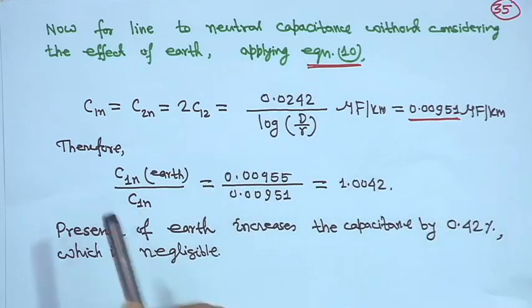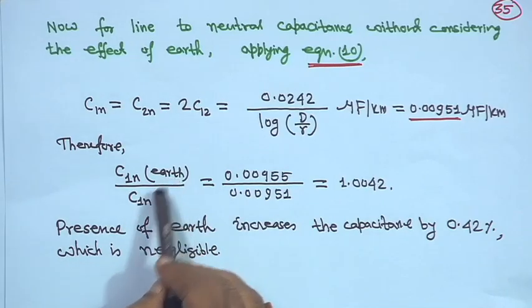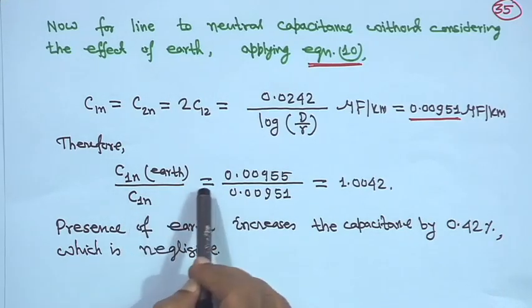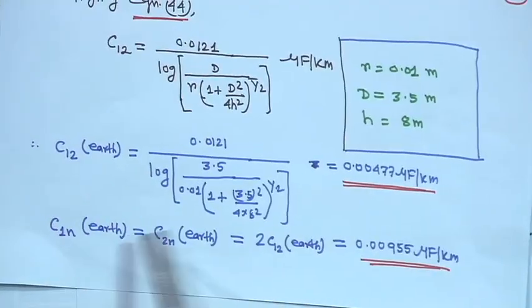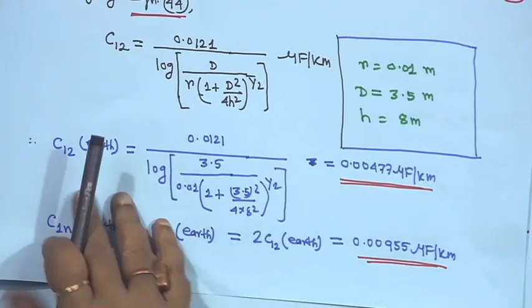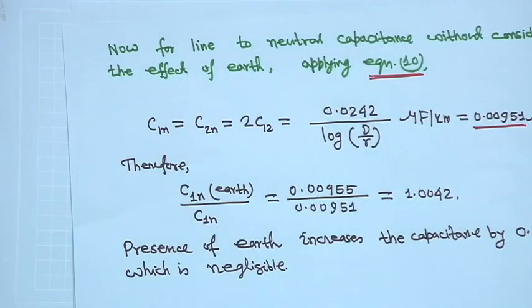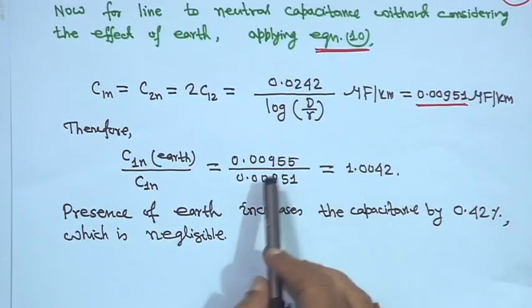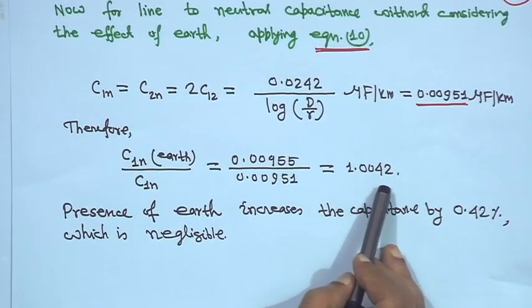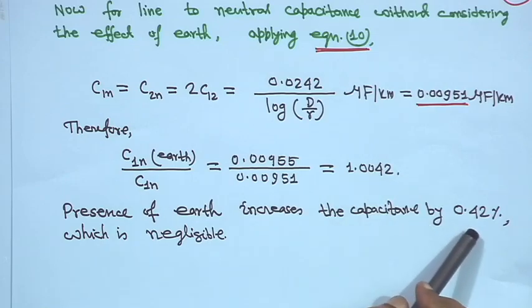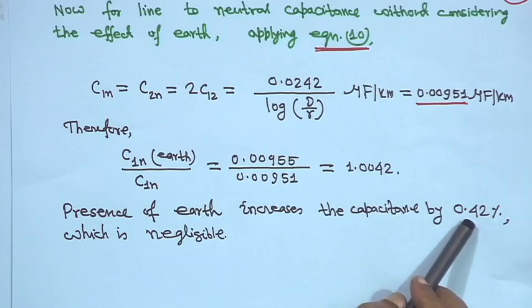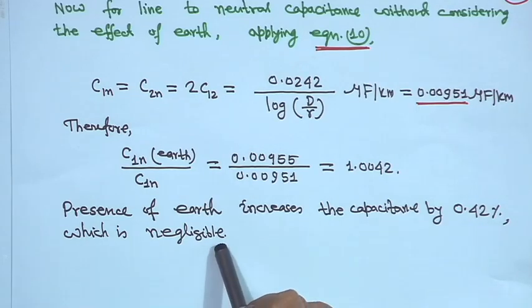Therefore, you take the ratio C1n earth divided by C1n. C1n earth we got as 0.00955. If you take the ratio, it will come to 1.0042, that means the presence of earth increases the capacitance by only 0.42%, which is negligible.